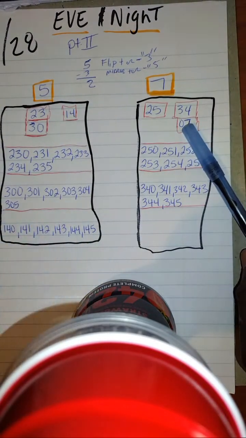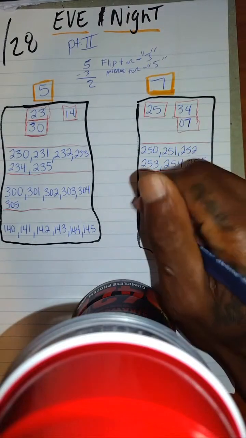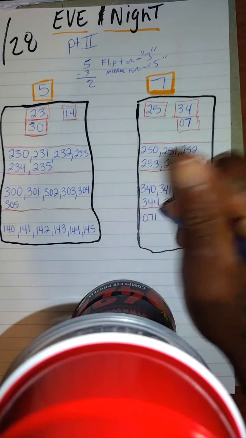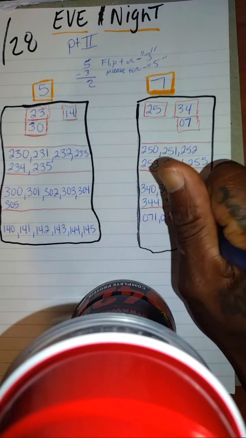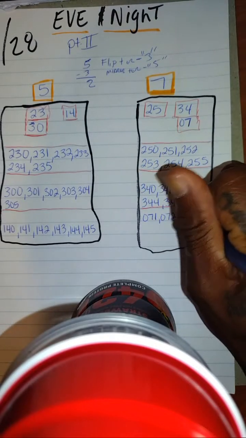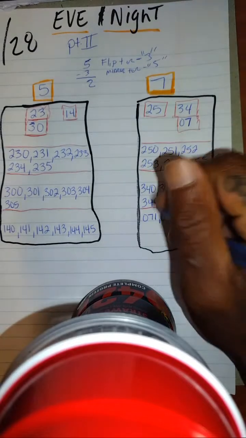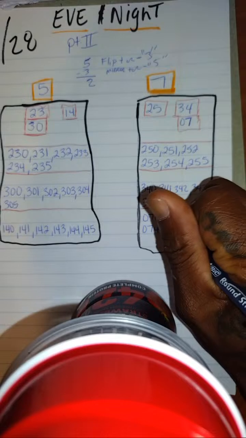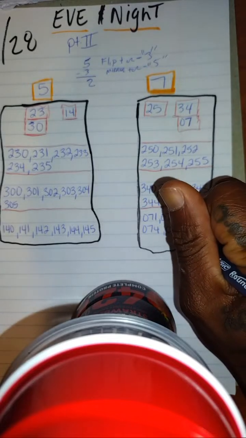A 0, 7 pair: 0, 7, 1; 0, 7, 2; 0, 7, 3; 0, 7, 4; 0, 7, 5.